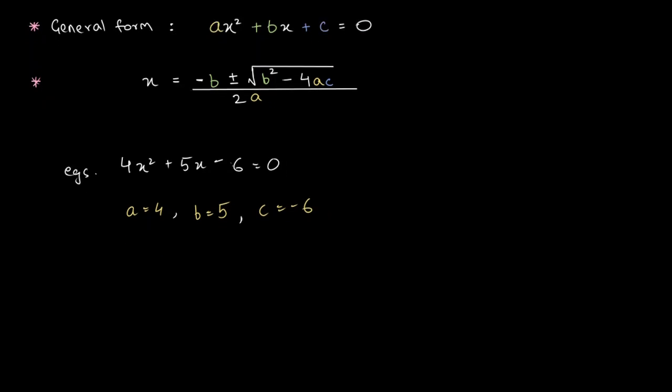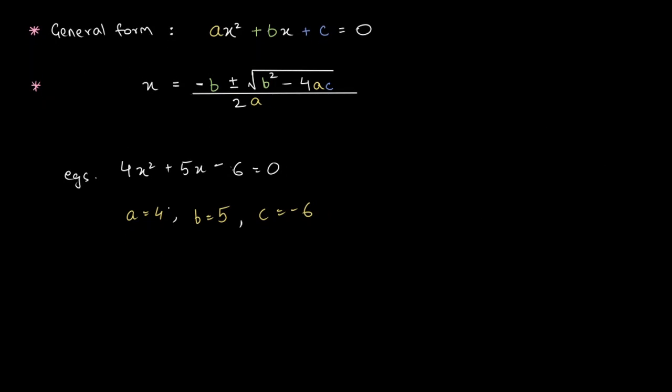Now if I want to find the value of x, or the roots of this equation, all I need to do is substitute these values in this particular formula. So minus b will make it minus 5, plus or minus, one root will be with plus and the other root with minus, square root of b square minus 4ac. So b square is 5 square, minus 4, a is 4, and c is minus 6.